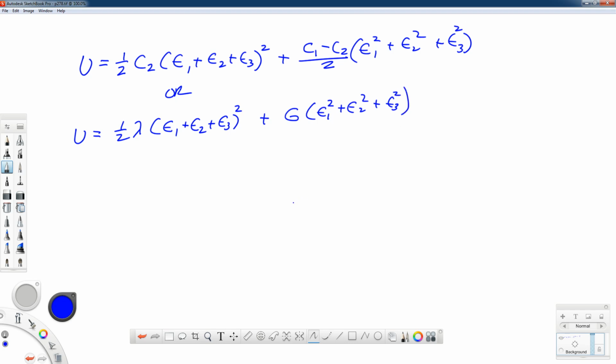So it looks like this. U is equal to 1/2 lambda, and obviously lambda and C2 are the same, times epsilon 1 plus epsilon 2 plus epsilon 3 quantity squared. You may also recognize that as the trace of the strain tensor, plus G, and G is equal to C1 minus C2 over 2, times this quantity epsilon 1 squared plus epsilon 2 squared plus epsilon 3 squared.